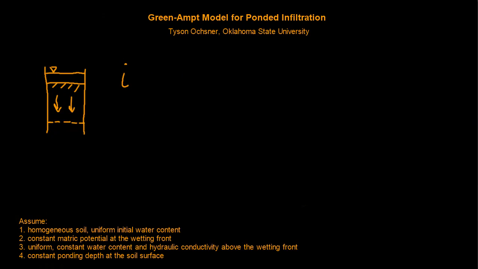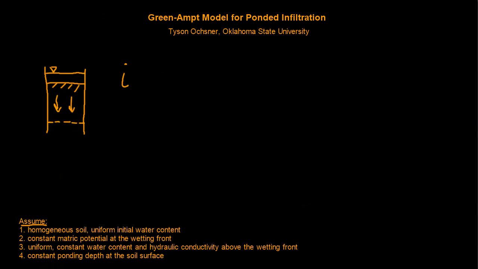Well, before we can really find out about the infiltration rate, we need to make some simplifying assumptions, which I've listed here. We're going to assume that the soil is homogeneous, has some uniform initial water content throughout. We're going to assume that at the wetting front, there with the dashed line, there's a constant matrix potential and that it doesn't change as the wetting front moves down.